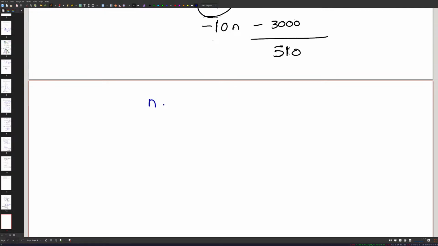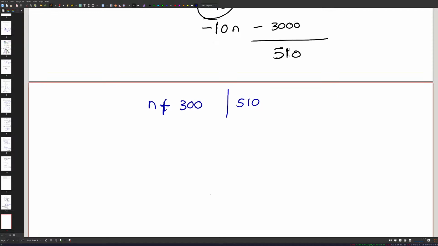The point is here that we get that n plus 300 is a factor of 510. And it's also bigger than 300. And I think that forces it to be 510. The reason I say that is we know that, unless they messed up again, the solution should be unique.